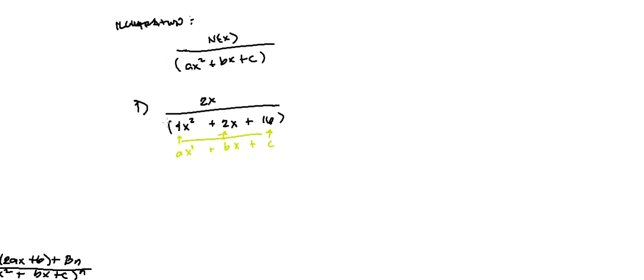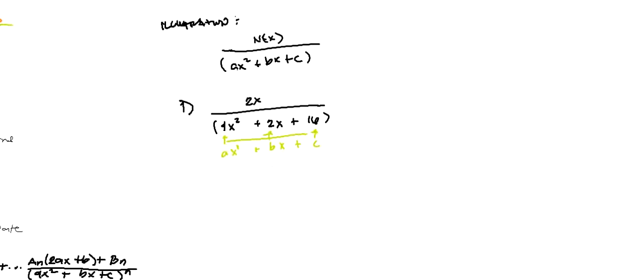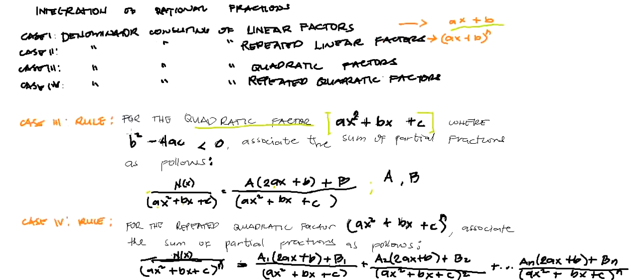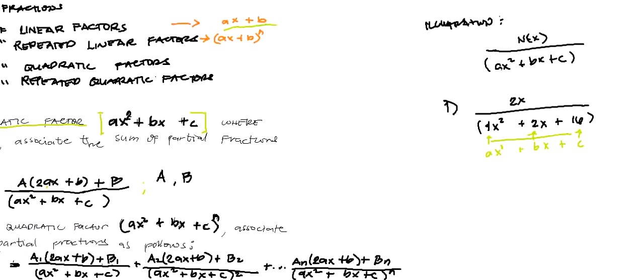But since it is only raised to 1, we will adopt the rule for case 2, wherein it is equal to A times 2ax plus b all over ax squared plus bx plus c.